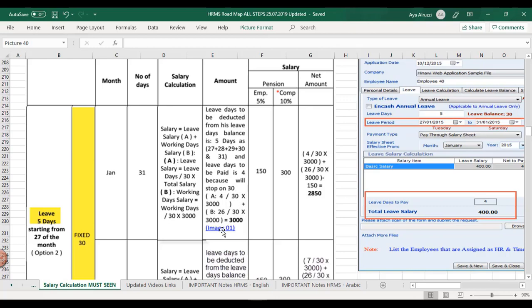As we said, 26 is the actual working days which the employee has worked, and then divided by 30, because it's fixed 30 days, multiplied by the salary, which gives us 3,000. If we want to take the employee pension into consideration, 3,000 minus 150 is 2,850. So that is how the first scenario and the first case is applied, basically.